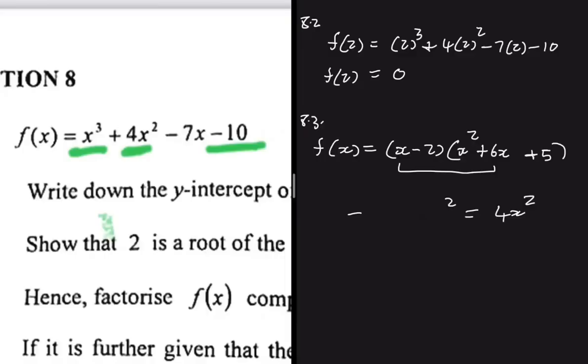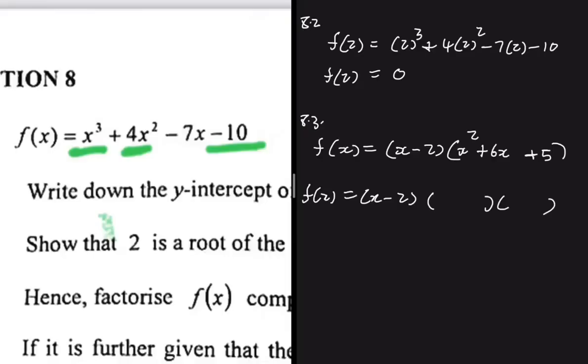But then our question is very specific. It says that we need to factorize it completely, right? So we also need to now come and factorize that function that we have there. So f of x will be equal to x minus 2 multiplied by, we can open 2 brackets now.